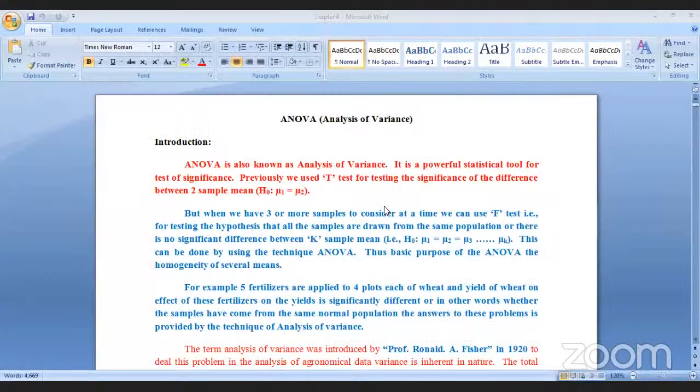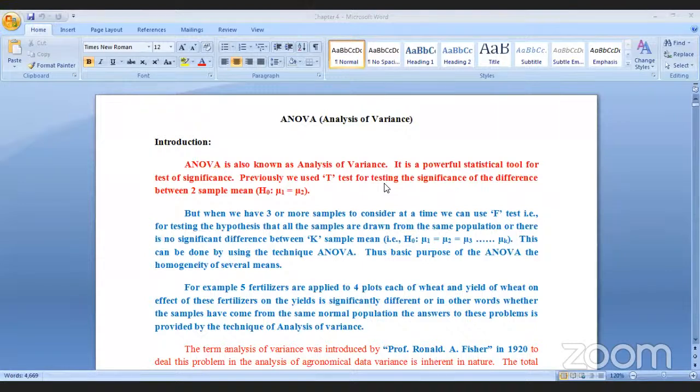So right. So analysis of variance. This is chapter number 18. Analysis of variance. Right. ANOVA is also known as analysis of variance.